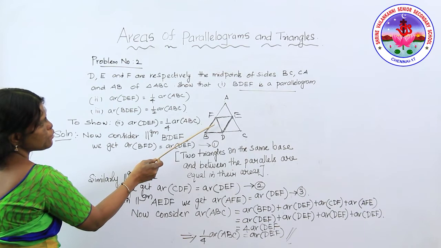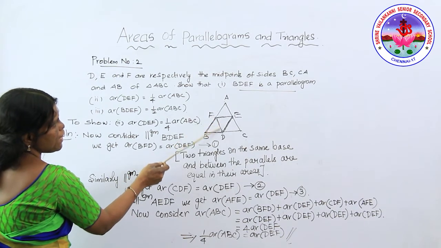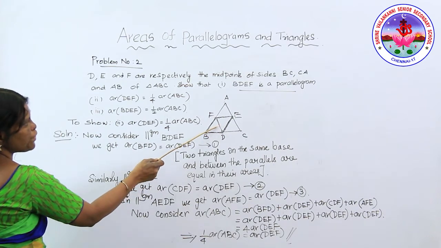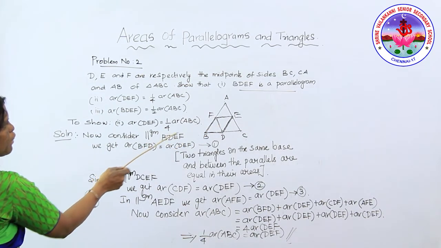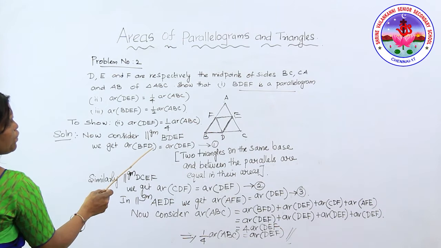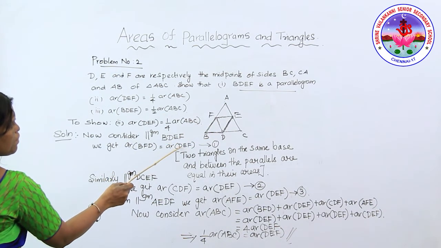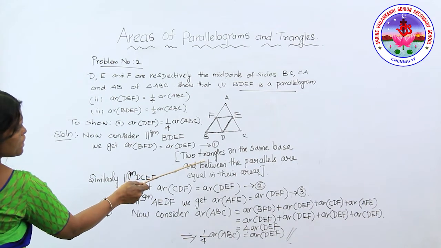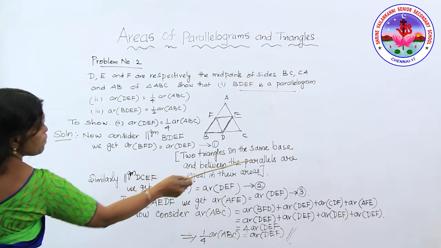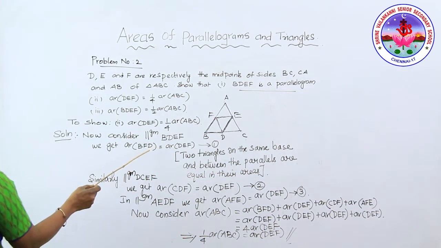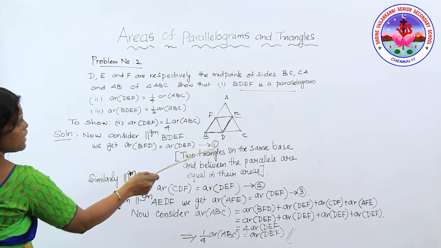We have seen that two triangles on the same base and between the parallels have equal areas. So in parallelogram BDEF, the two triangles BFD and DEF have equal areas because of this concept. Let us call this equation 1.